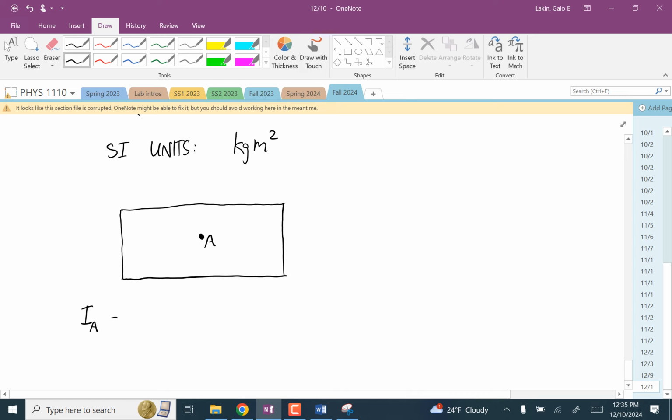And the moment of inertia is 1/12 times the mass times the length squared plus 1/12 times the mass times the width squared. And this is what I'm calling L, and this is what I'm calling W.